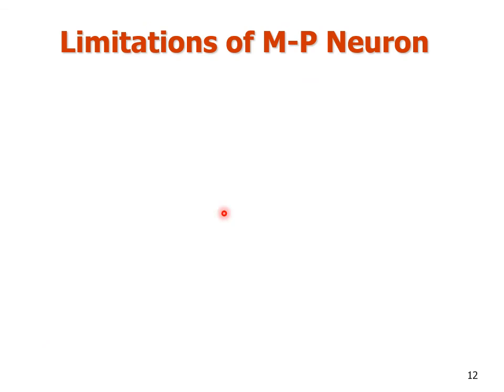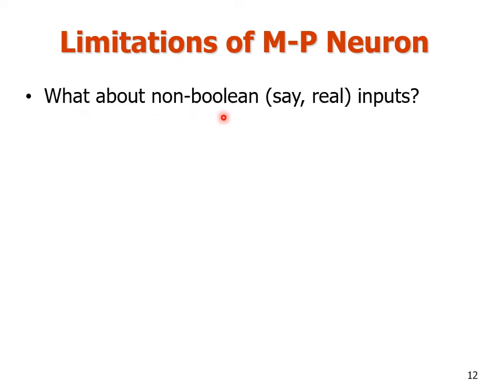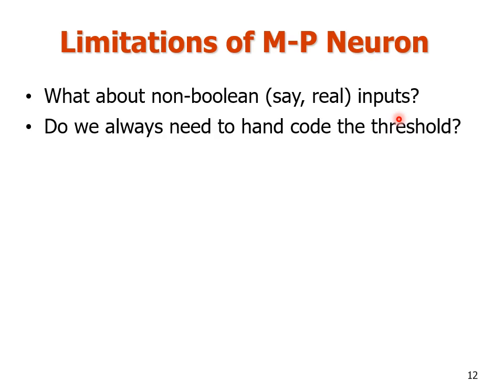Now let us talk about the limitations of the MP neuron. So we are posing a few questions here. Question number 1, what about non-Boolean, say real inputs? Question 2, do we always need to hand code the threshold?